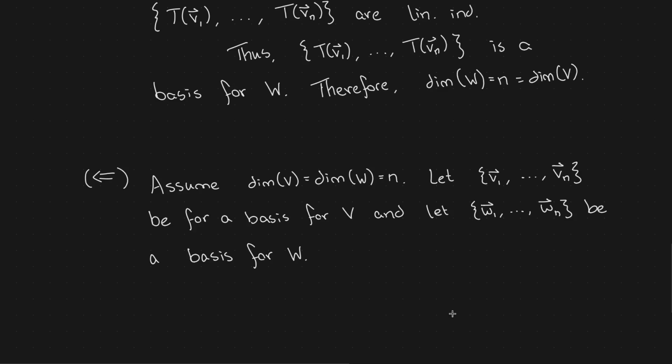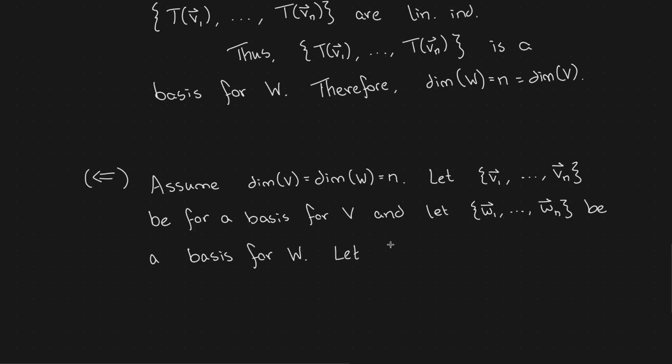Okay? What we need to do is show that V and W are isomorphic. That means there's going to be a linear transformation that goes from one to the other that is invertible. Right? So we want to define such a linear transformation.